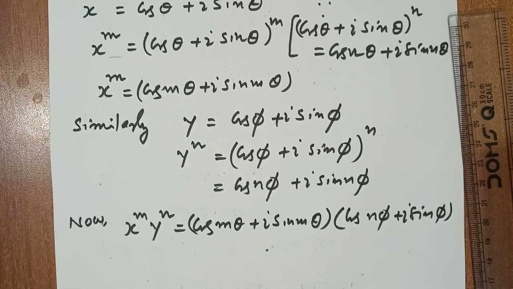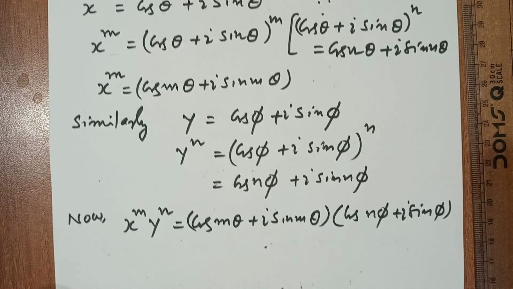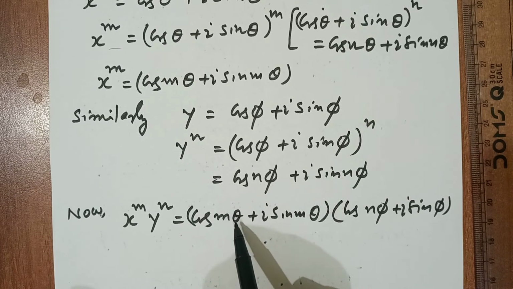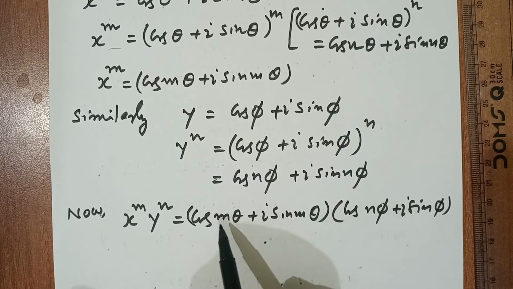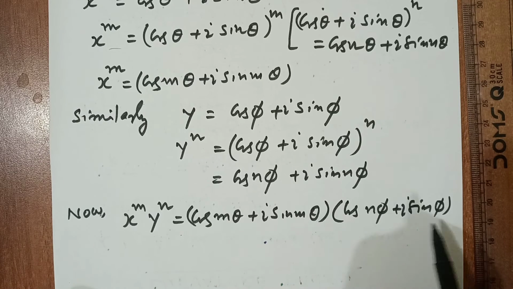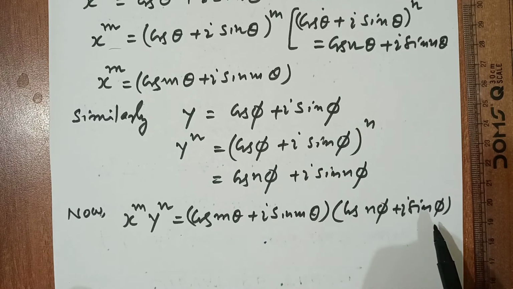As we know, when we proved de Moivre's theorem, we saw that the angles add: (cos theta 1 plus I sin theta 1)(cos theta 2 plus I sin theta 2) is equal to cos (theta 1 plus theta 2) plus I sin (theta 1 plus theta 2).